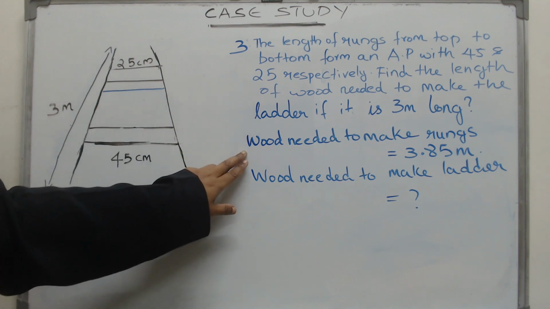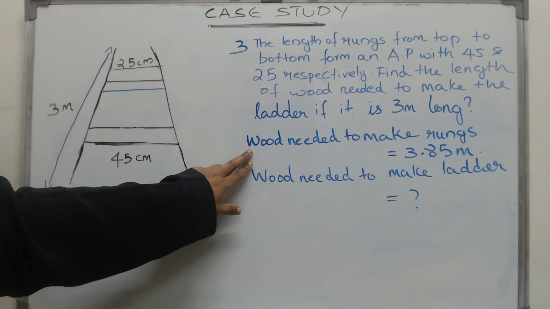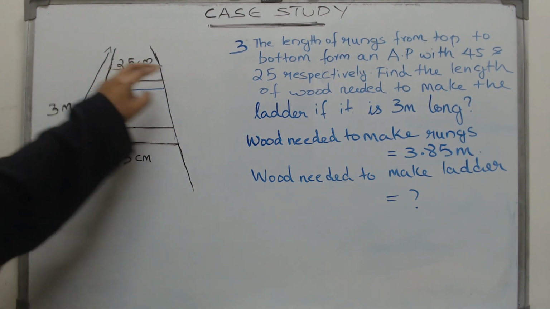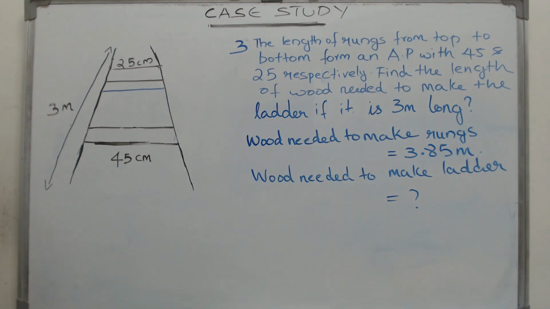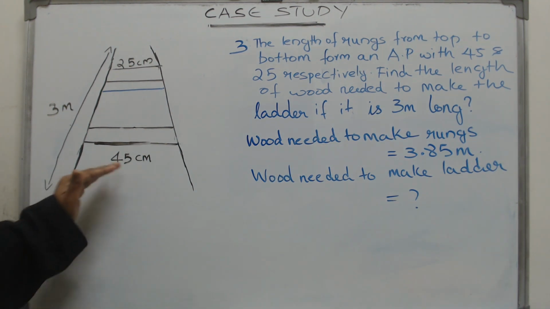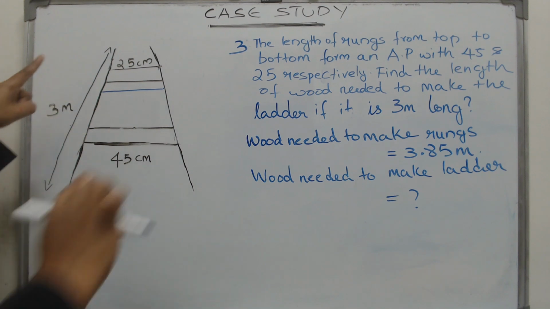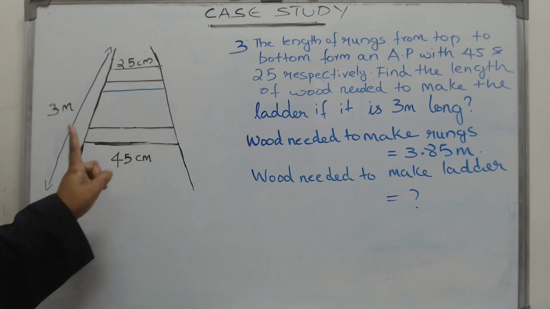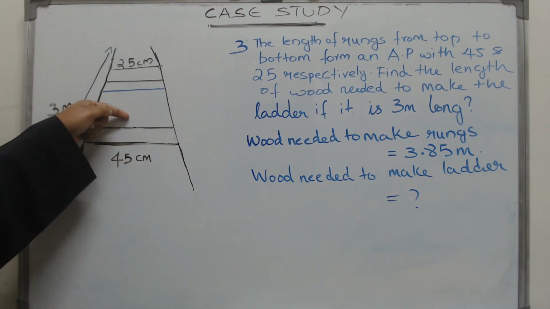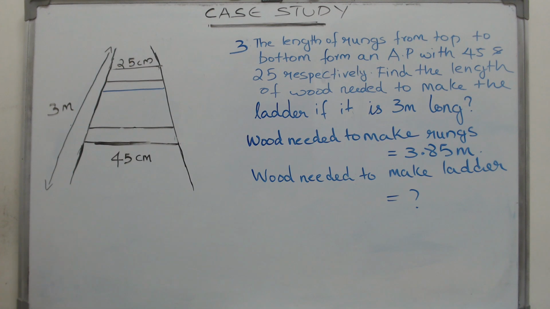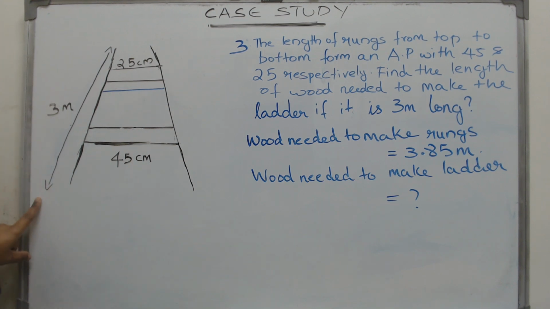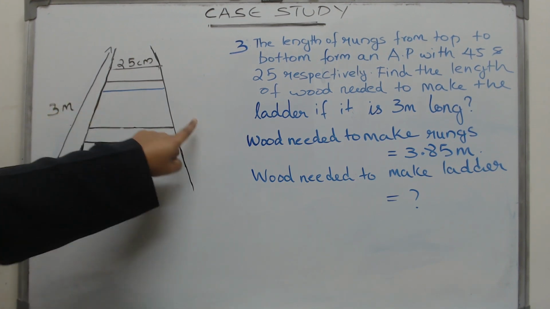In the last question we saw how much wood is needed to make just the steps. To make just the steps you need 3.85 meters of wood, but just the steps are not enough, right? You need the main body. So how much wood is needed to make the whole ladder, the steps and the body together? What we need is a 3-meter ladder, but remember it is not just 3, we need it on both sides.